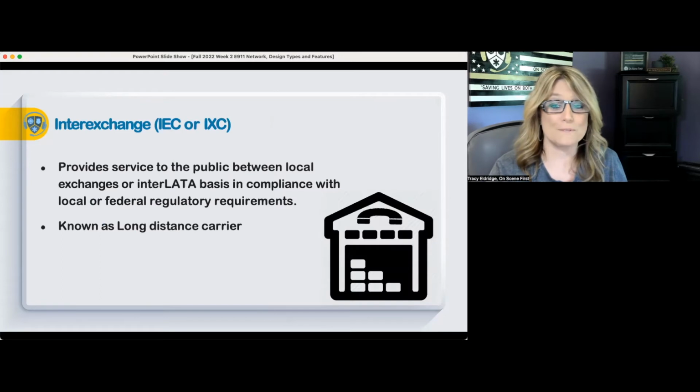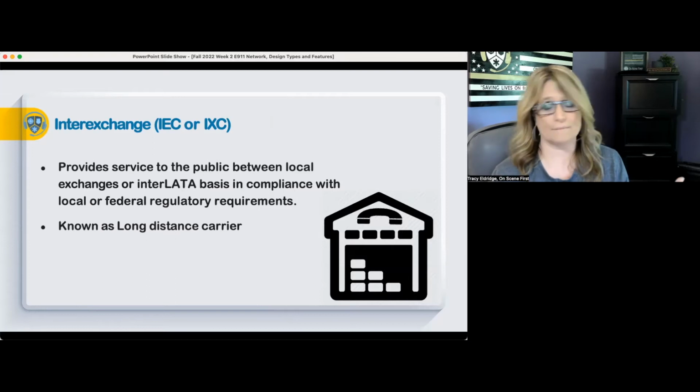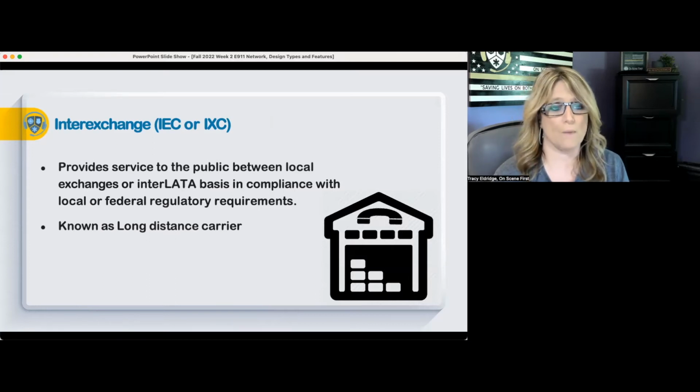I hope it helps. The inter-exchange, the IEC or the IXC, depending on which way they want to use it, can be used interchangeably. It provides service to the public between local exchanges or on an inter-LATA basis in compliance with local and federal regulatory requirements.